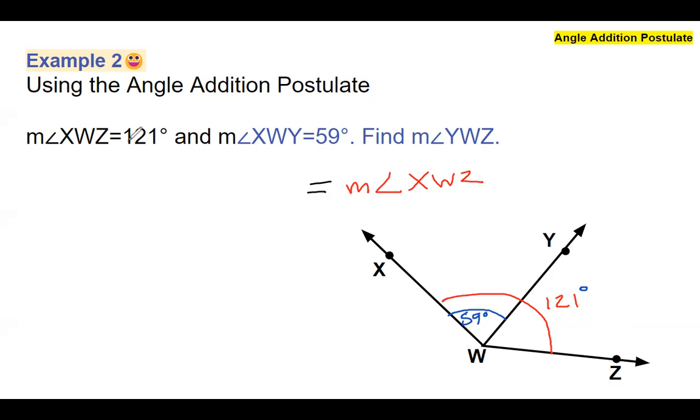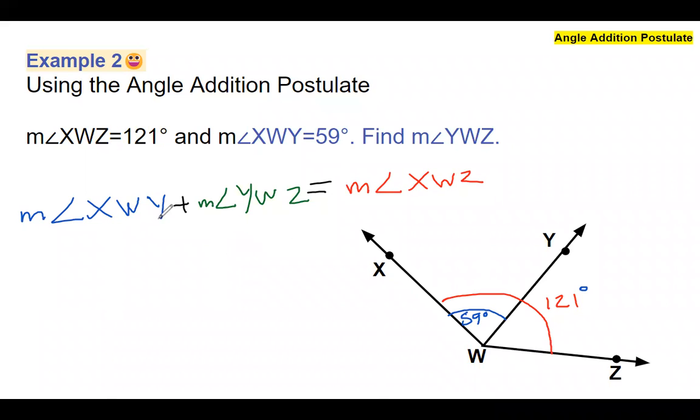Pass it on, Diego. So what angle do we add to XWY? There you go, the last angle that's left, which is YWZ. So measurement of angle YWZ. Perfect.